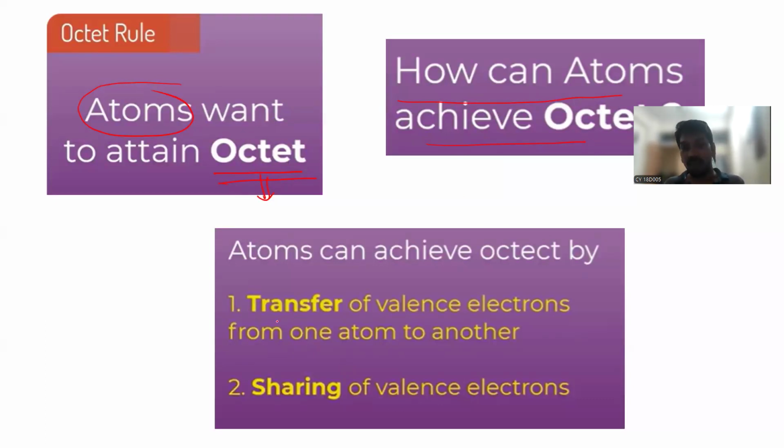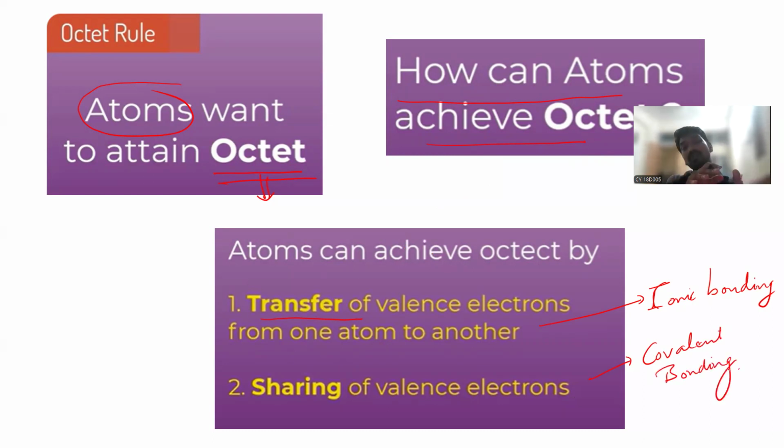They can achieve an octet by the transfer of electrons, which we are going to study as ionic bonding, in detail in the upcoming slides, or by sharing of electrons, which we call covalent bonding. So atoms can achieve an octet by transfer of valency electrons from one atom to another.